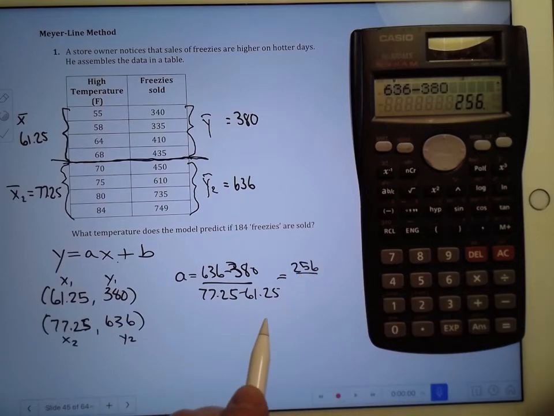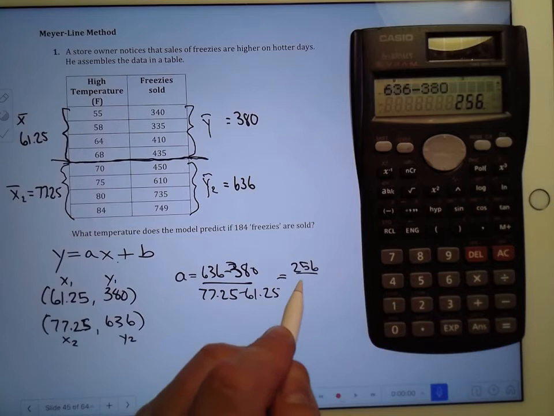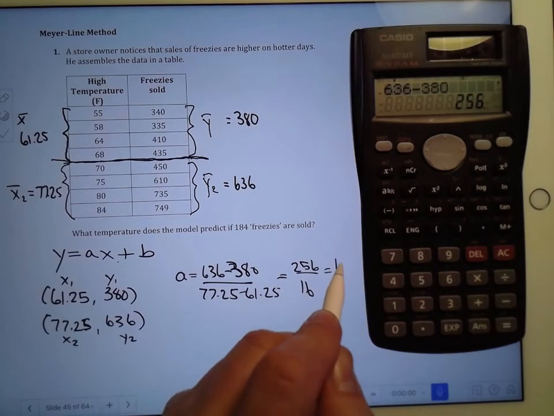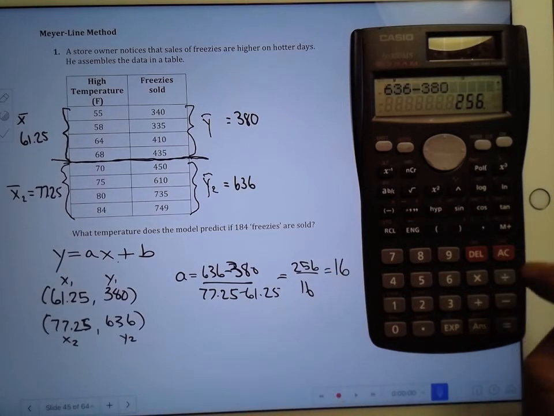And 77.25 minus 61.25 is 16. And when you do that division, you get 16. So the A is 16.